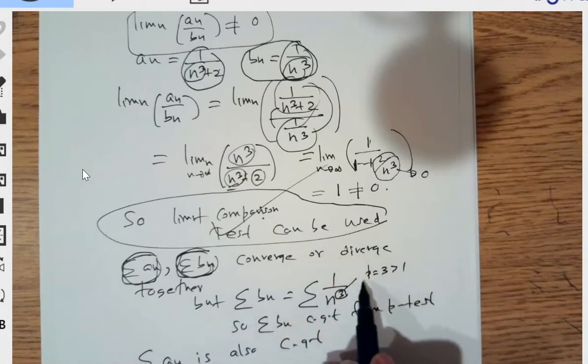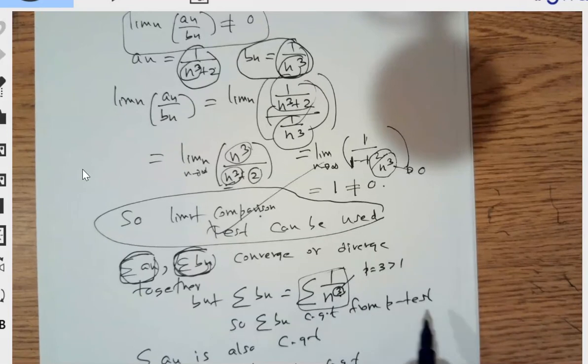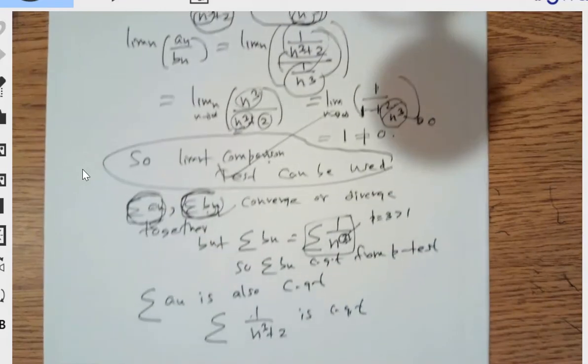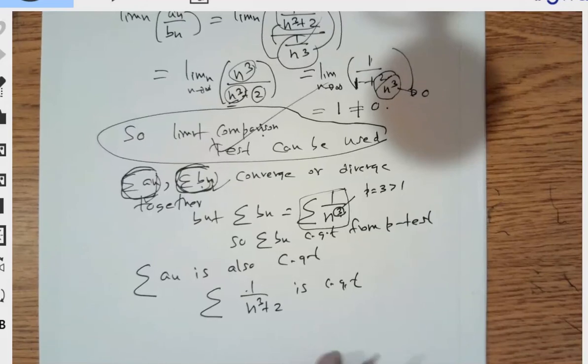In this case, the partner series is convergent because it's a p series with p equal to 3, greater than 1. So this is convergent, therefore this is also convergent. The whole idea of these problems is to find the partner series first, then compare, and make sure that you show that the limit of an over bn is not 0. Once you do that, depending on whether the partner series is convergent or divergent, the given series is convergent or divergent.